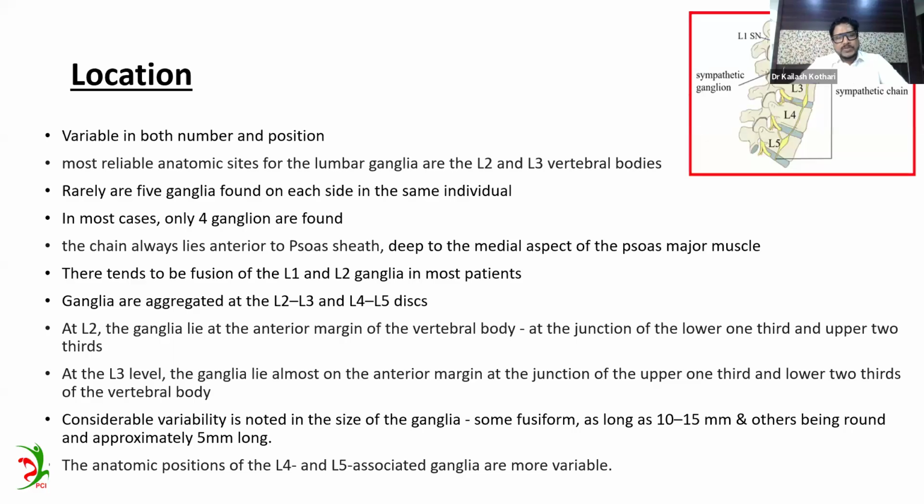Sometimes we do 2 to 3 regions or rotate the curved tip so that we can create a larger lesion. The anatomical position of the L4 and L5 associated ganglion is more variable, because many times L5 is very posterior compared to the upper 4 lumbar ganglions.